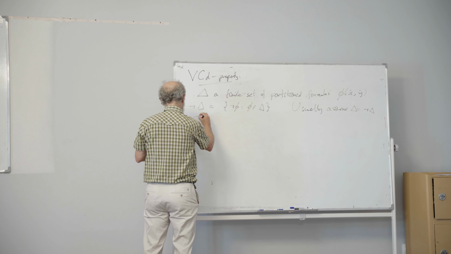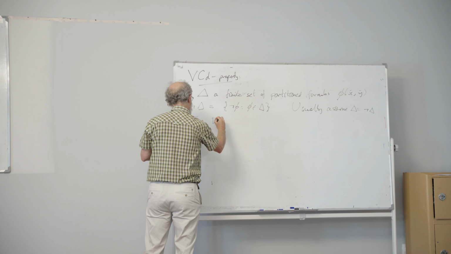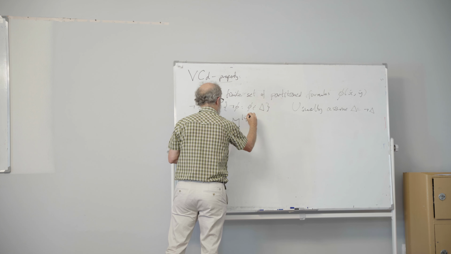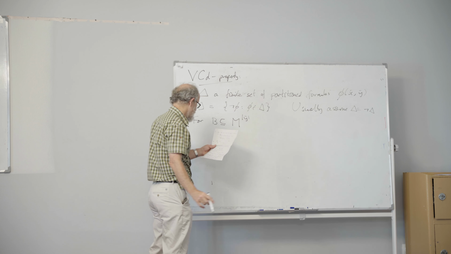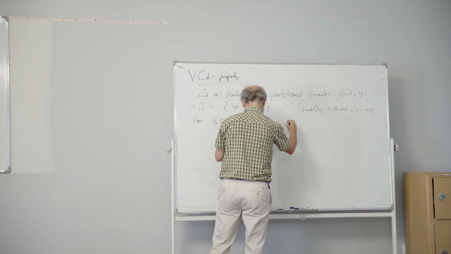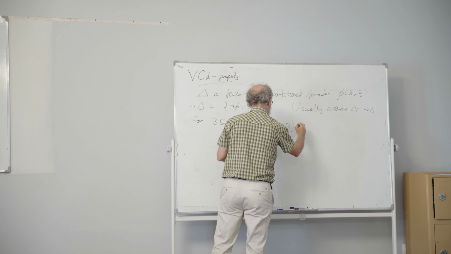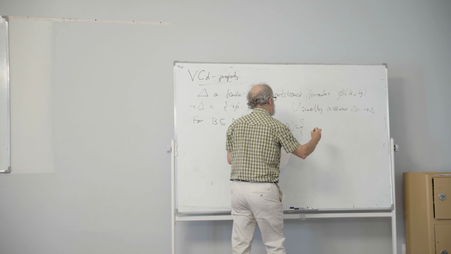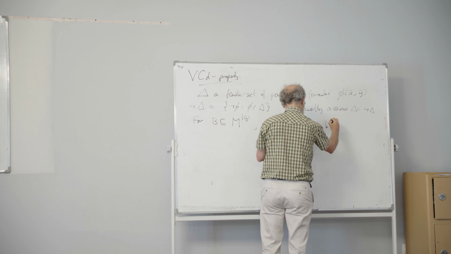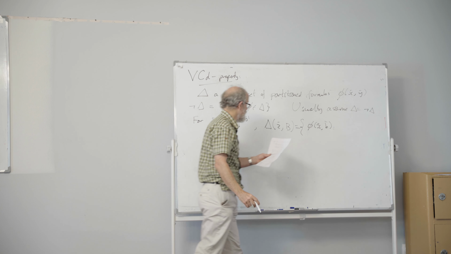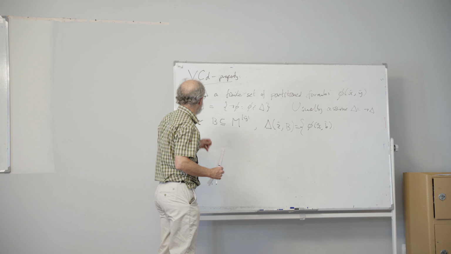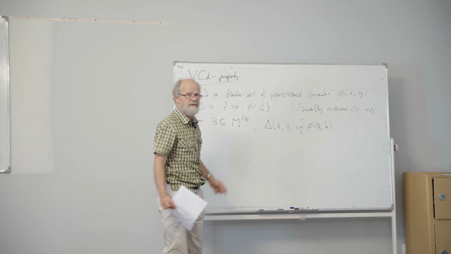And then for B contained in M to the length of y, so tuples from M, delta(x bar, B) will just be the set of all formulas phi(x bar, b bar). I'm assuming that if phi is in delta, then so is not phi.